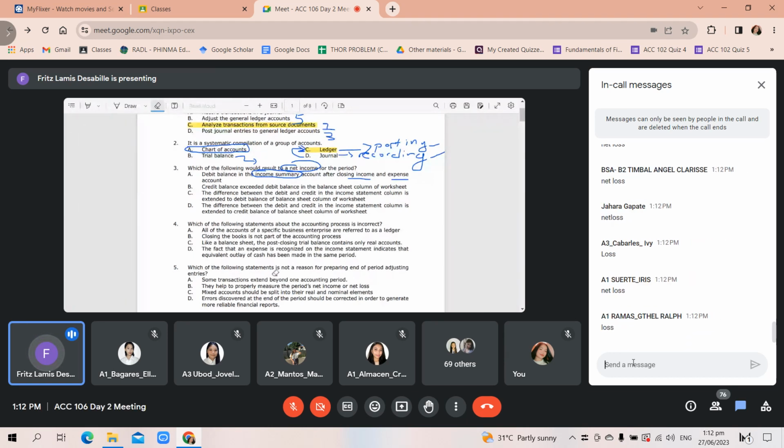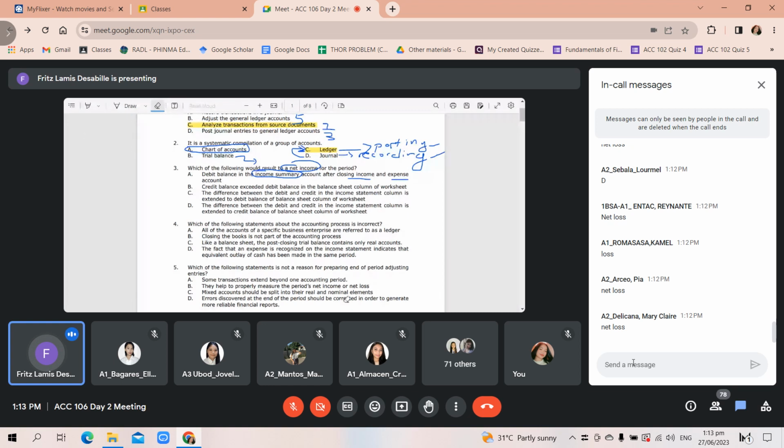Net loss. Di ba? Kung familiar kamo sa katong ACC 102 ninyo, paghimo ninyo worksheet, di ba? Maghimo ka worksheet kung mas dako ang inyong credit sa inyong debit, meaning magdungag mo debit. Na ang pagdungag sa debit, ang kulang na is income summary, to close out the net income.